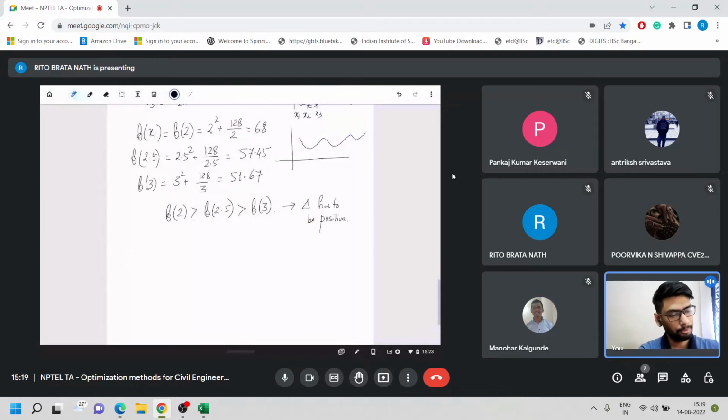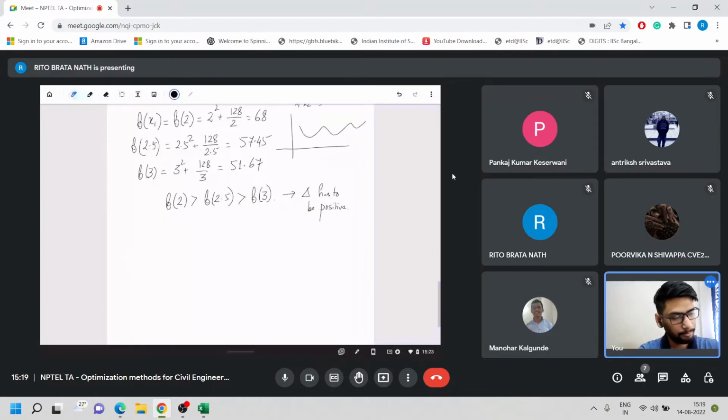So what you will do here in the exhaustive search method is set x1 to x2, x2 to x3. So earlier it was 2.5, this was 3. And your x3 now will become 3 plus 0.5, which is delta x. So now it's 3.5.